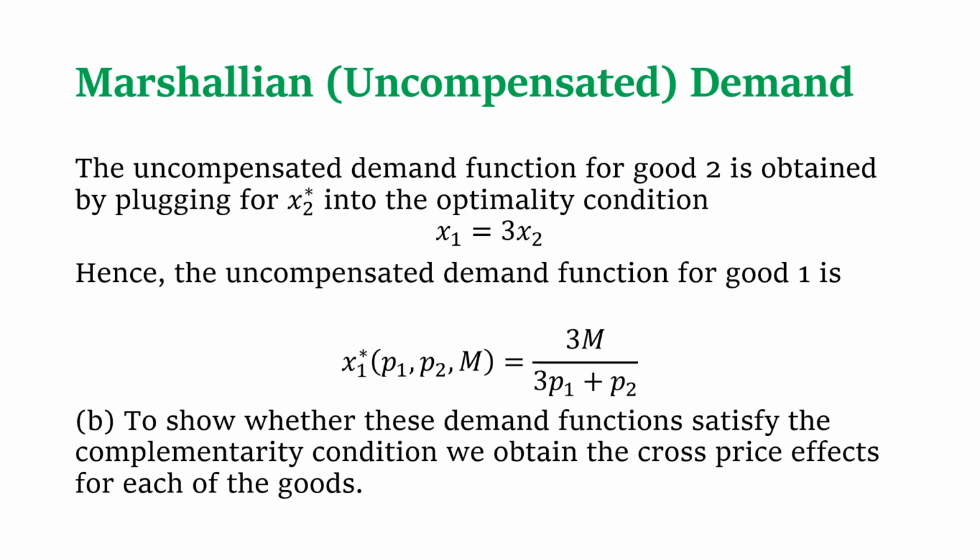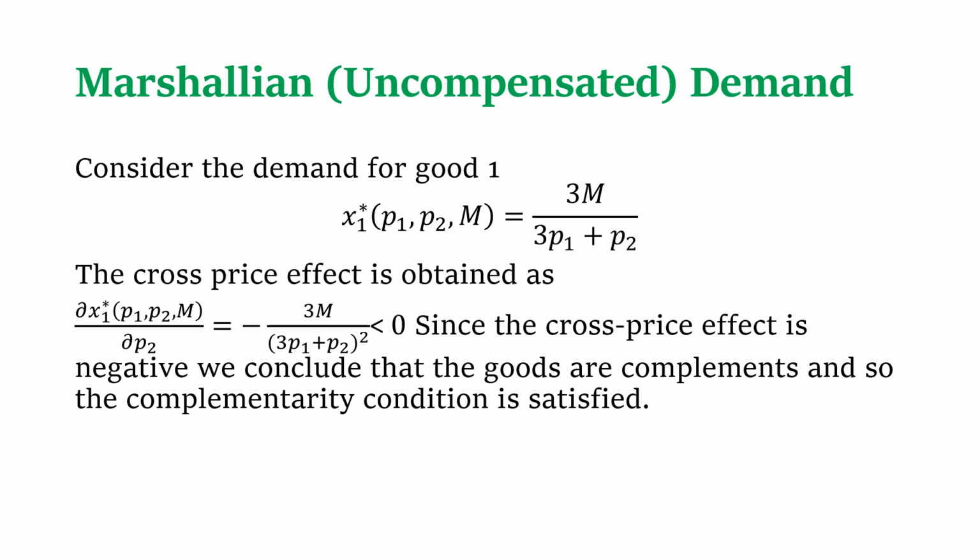Again here, demand for good 1 is inversely related to the prices of the two goods and the income. Now, we want to do the second part, to prove complementarity. Are these goods actually complements? We can only know if we find the cross price effect.